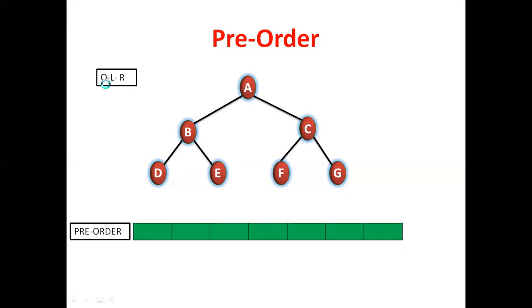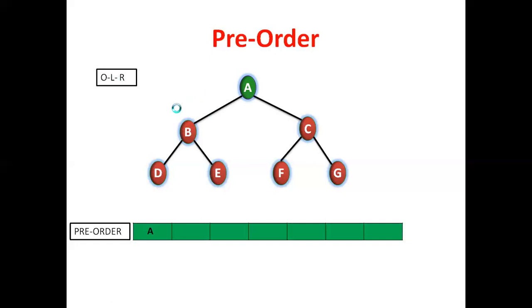According to the formula, visit the root node first. In our tree, A is the root node. So here I am using green color for visited nodes. A is the root node, so it is printed in the output. Then go to the left part. What is the left part of A?